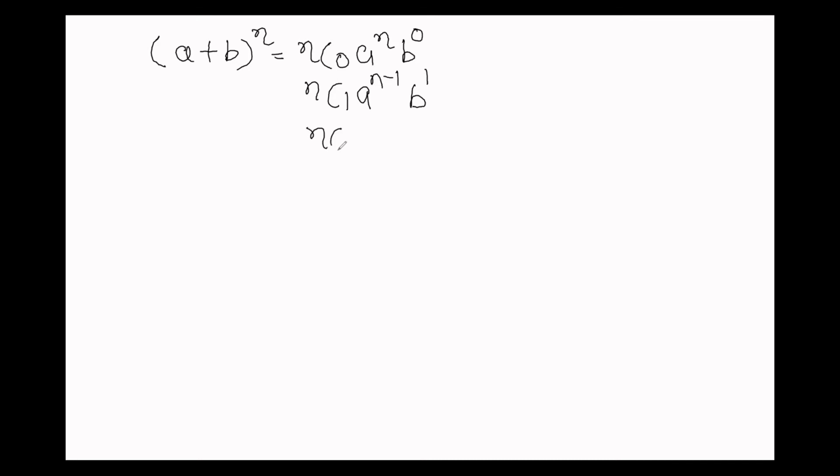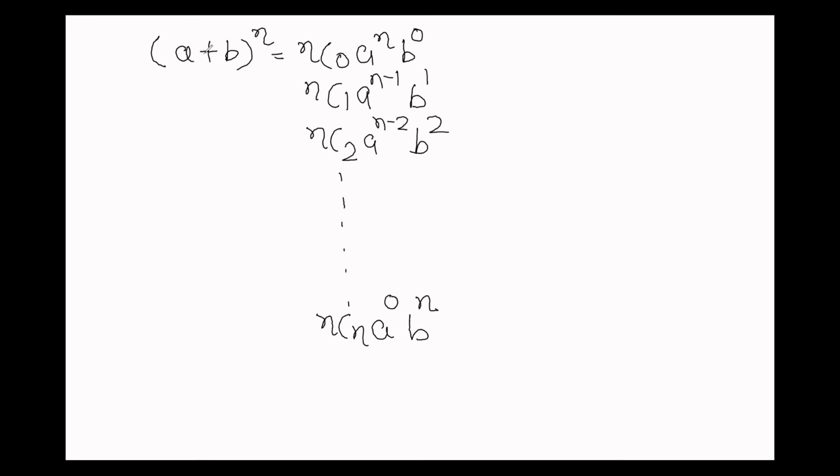Next term is NC2, a power n minus 2, b square. This will go on continuously till NCN, a power 0 into b power n. This is what we call the binomial expansion.